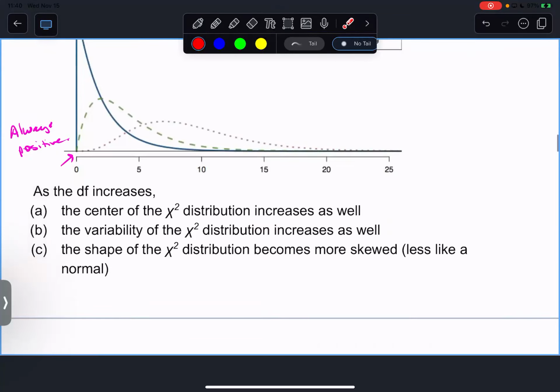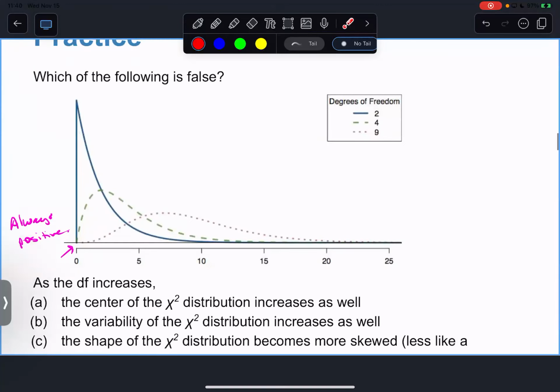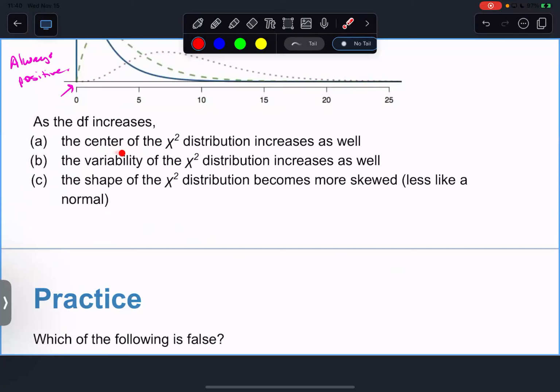And so it's one of those, which of the following is false? As the degrees of freedom increases, the center of the chi-squared distribution increases as well. We just said that looks like it's true, and it is, I promise. The variability of the chi-squared distribution increases as well, so the spread. The center is moving out to the right, and it allows for more spread.